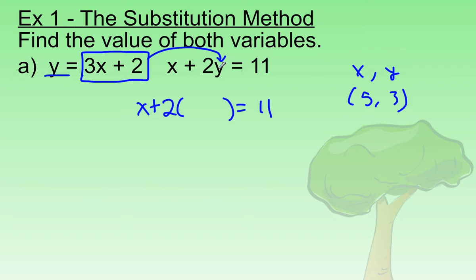Now, instead of putting a y in here, which we already know we don't want, two different variables, we know that y equals 3x plus 2. It says so right here. Y is 3x plus 2. So instead of putting a y down, I could put 3x plus 2. That's true, right? Y is 3x plus 2. So instead of y, 3x plus 2.